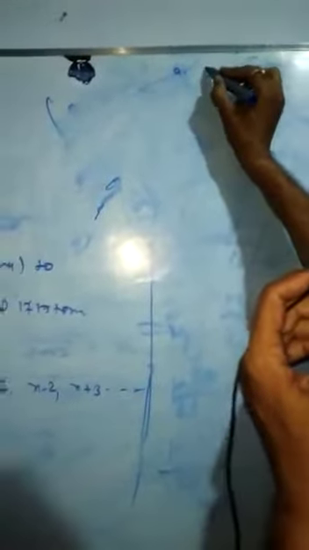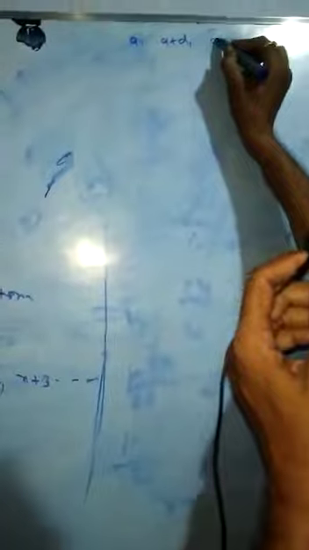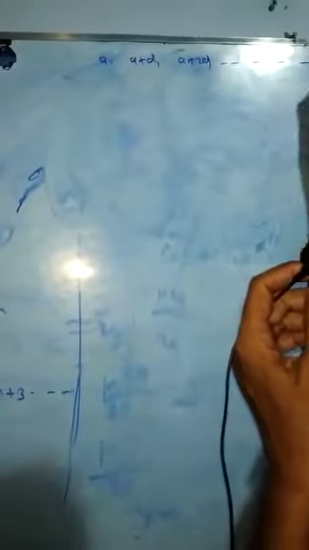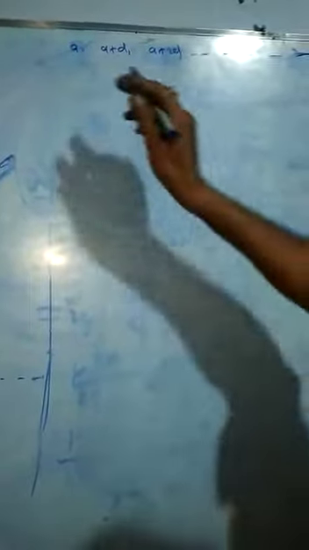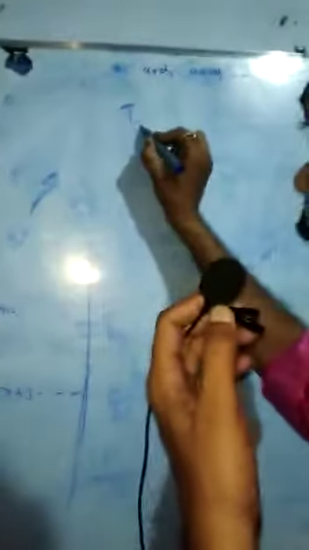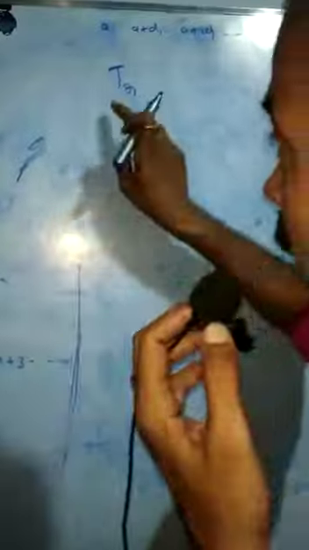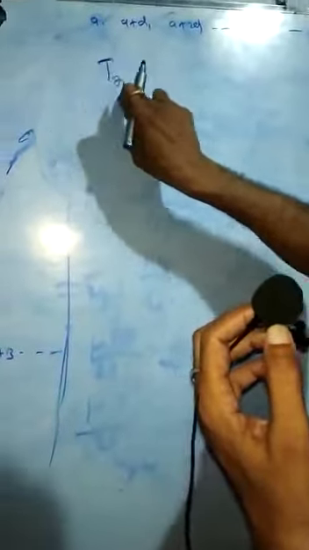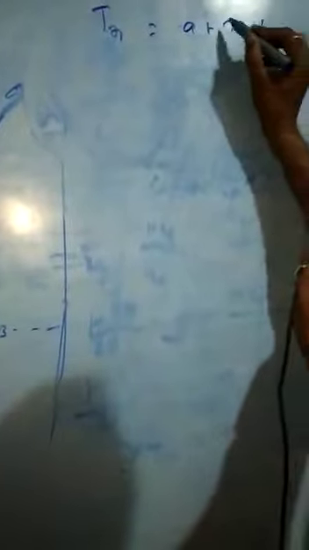Suppose the first term is A, the second term is A plus D, the third term is A plus 2D, and in this way it continues as a series. To get the last term, called the nth term, T represents the term and N represents the number of the term. The formula is Tn equal to A plus (N minus 1) into D.